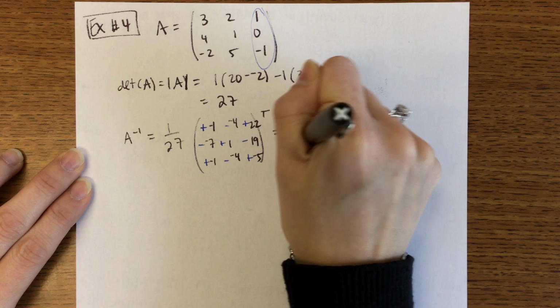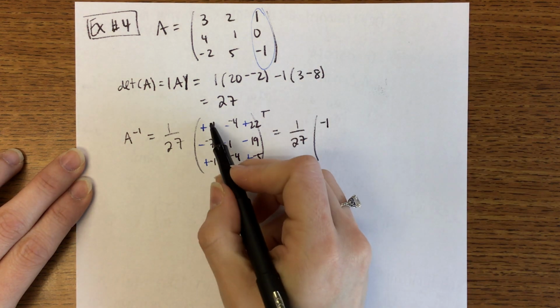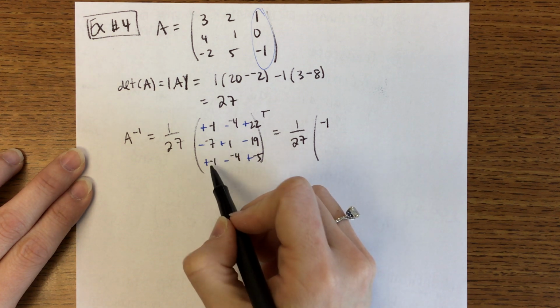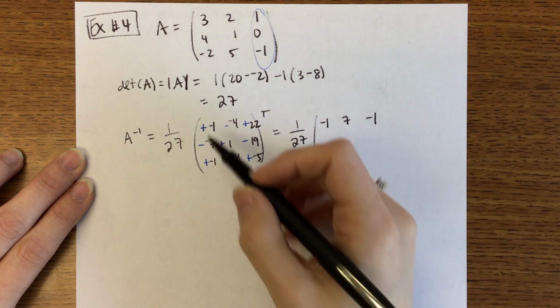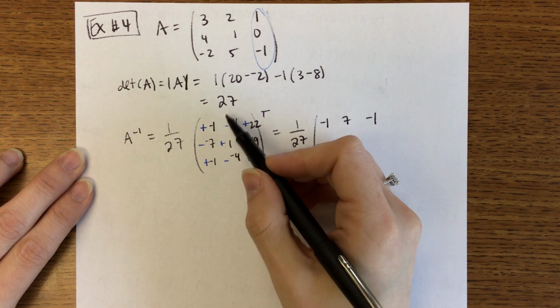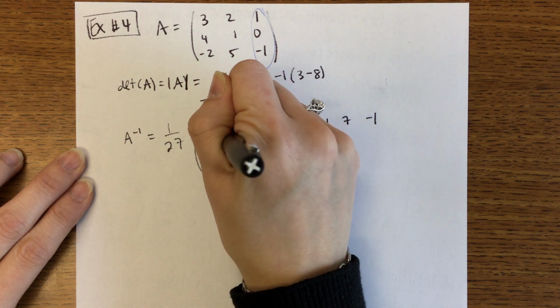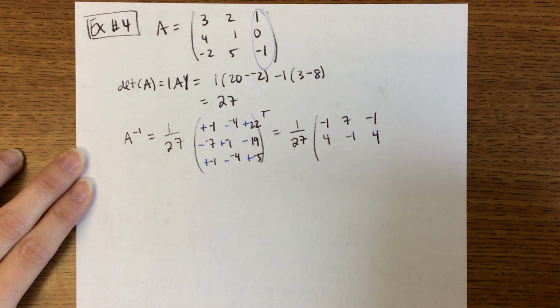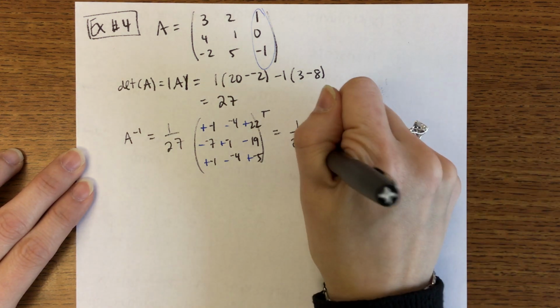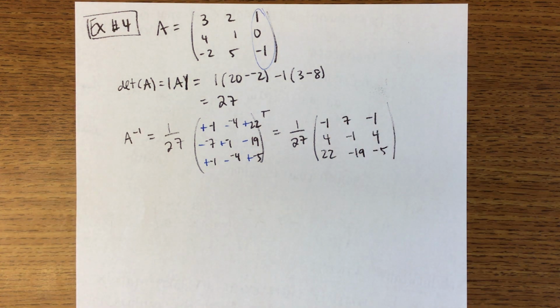It ends up being 1 over 27, and then we have negative 1, positive 7, negative 1. So that's this one. And then I have 4, negative 1, 4, and then 22, negative 19, negative 5. You guys agree?